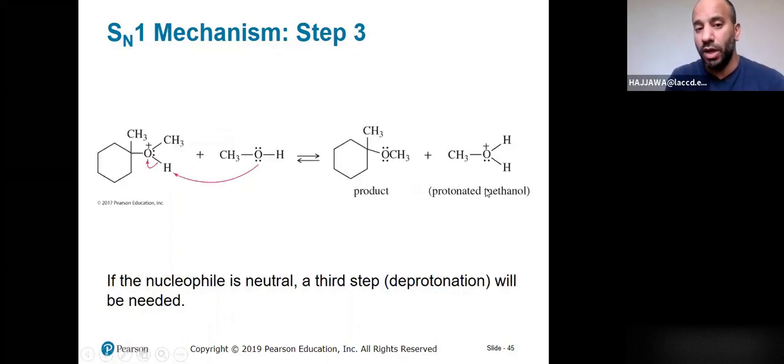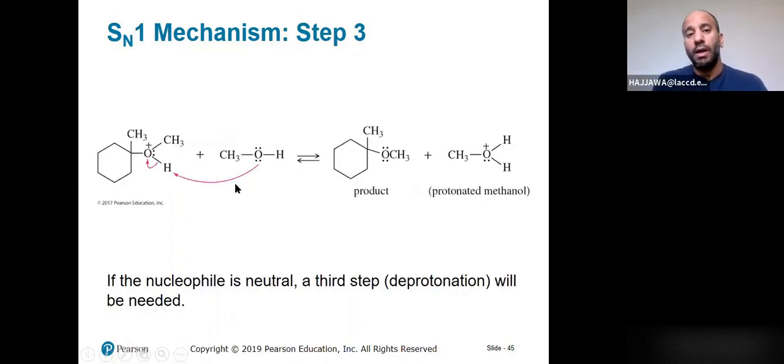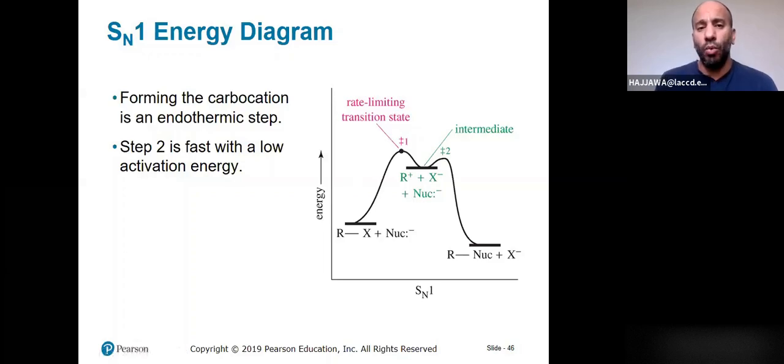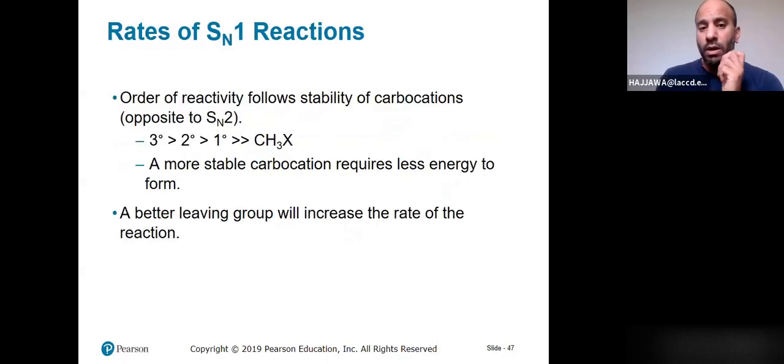So the methanol will pull the hydrogen from this protonated ether to give you finally the SN1 outcome, which is the ether structure. So this is an example where an SN1 mechanism can actually take place.